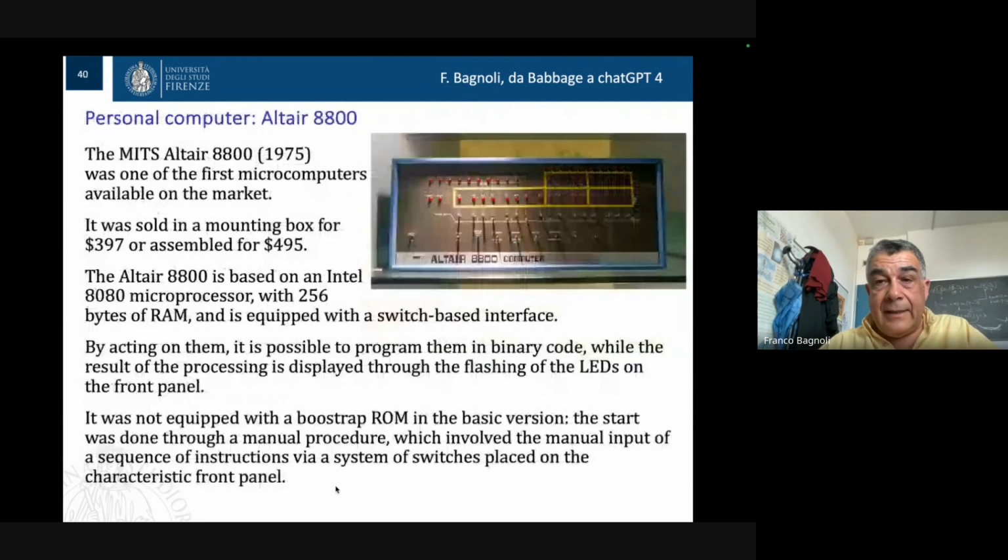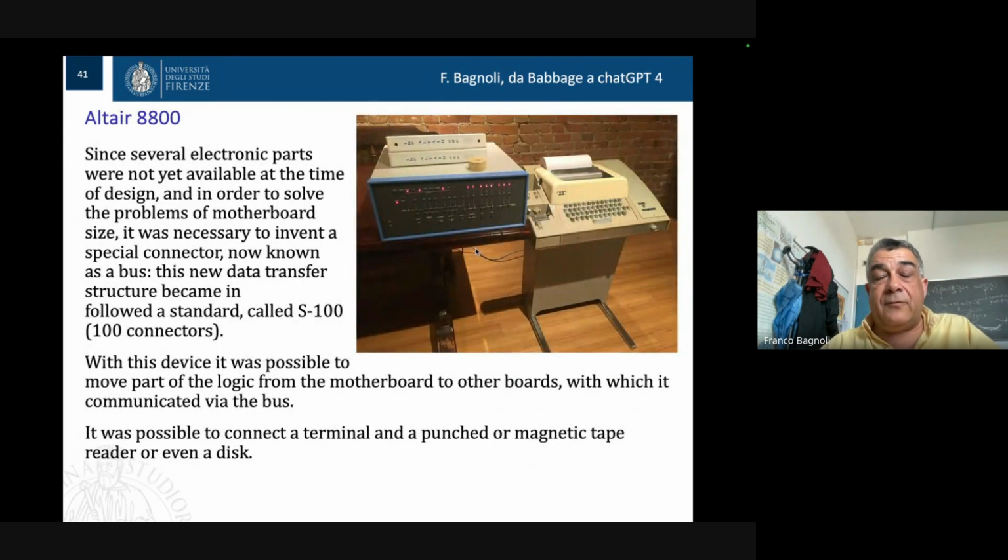Really, this was important, first of all, because it was based on a bus. Essentially, it had nothing inside. The whole case was empty, but you could buy cards to be fitted in this 100-pin connector bus.